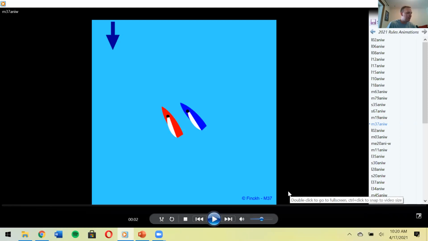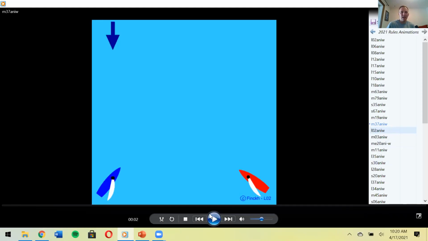Number 6, you must avoid collisions if possible. So avoiding contact. This is just that classic starboard-port. If red is on starboard and blue's on port, and blue doesn't see red, which happens all the time, red needs to avoid contact. Red can't just plow into blue.